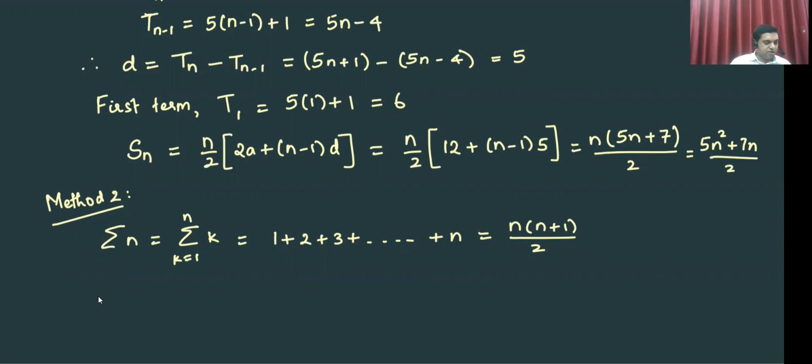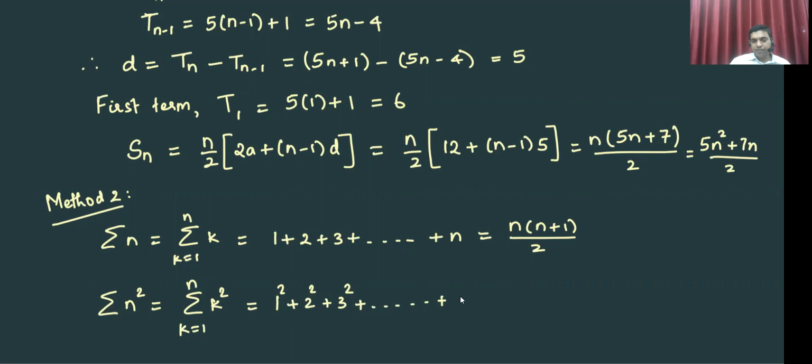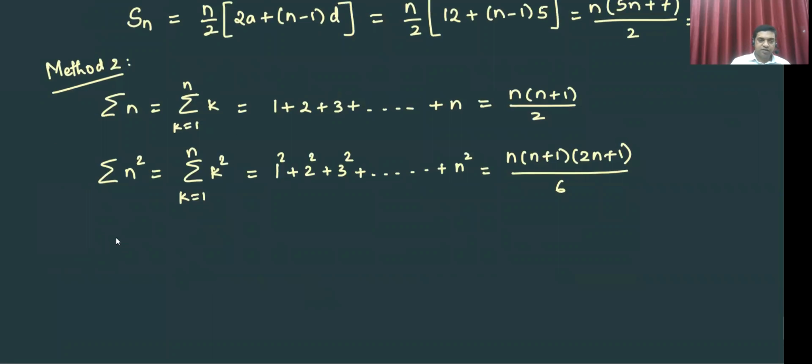There are proofs for this in section 9.7 of your textbook. You can see this. Sum to square of the first n natural numbers, 1 square plus 2 square, 3 square, n square, is n into n plus 1 into 2n plus 1 upon 6.